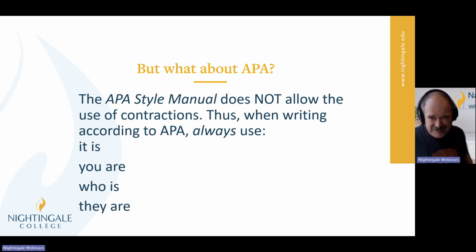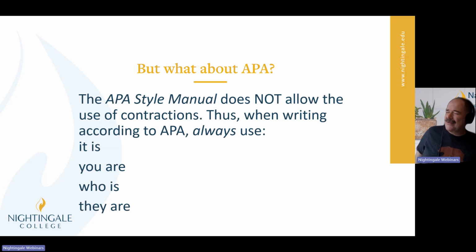APA Style Manual says do not use contractions in academic writing. So if you're puzzling through your Y-O-U-R versus Y-O-U apostrophe R-E and you come to the conclusion, oh, I need apostrophe R-E, guess what? If you're doing academic writing in APA style, you need to split that apart into you are anyway.